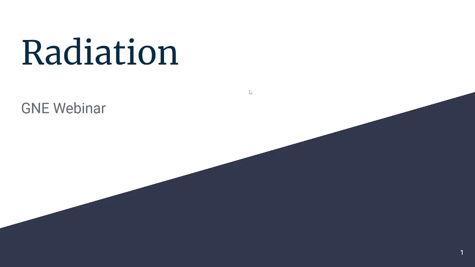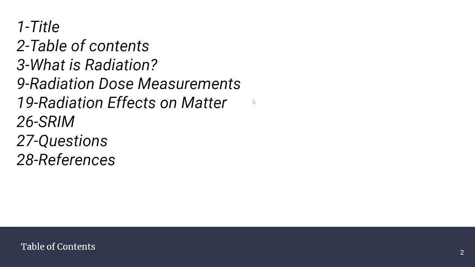So, radiation. Gonna be going over what exactly radiation is, some of the ways that we calculate our dosage, different quantities, and the difference between the US and SI units for it. A little introductory effects on matter, because that's a big component, especially in these reactors.